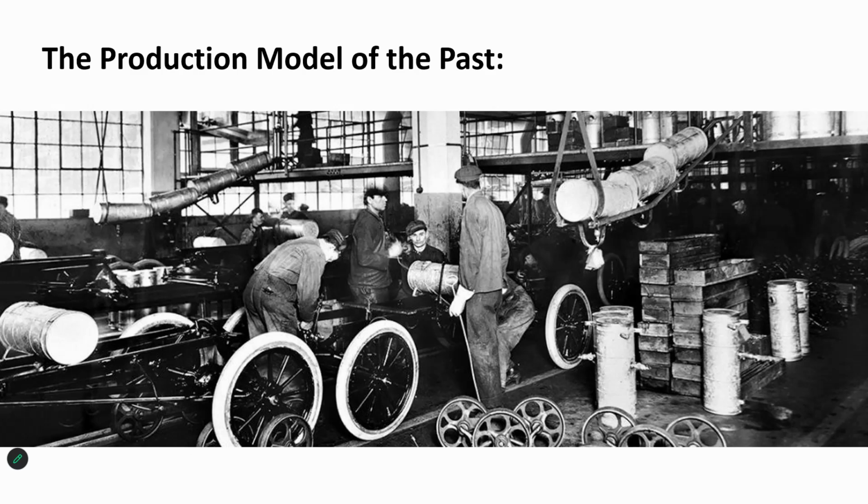it streamlined production back in an era when the focus was on efficiently producing a large quantity of the exact same thing. Now, in the case that you see in the photo here, workers along the assembly line each focused on a very specific part of the automobile production process. They would each focus on a very specific part of the automobile production process.